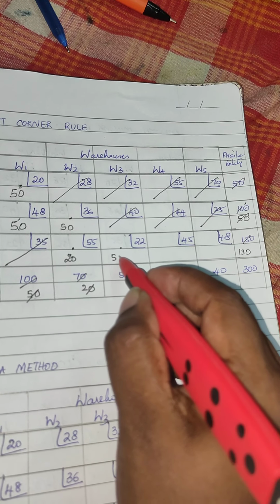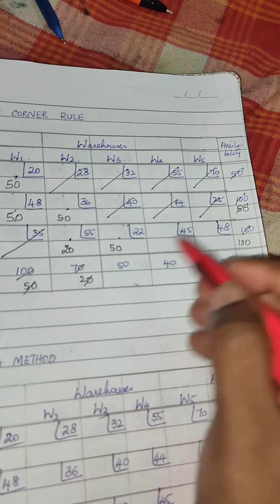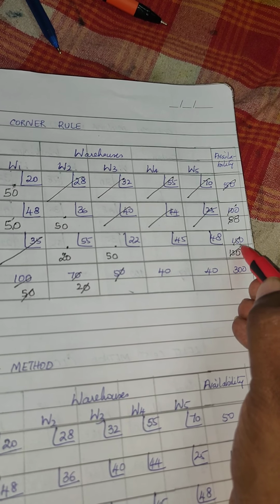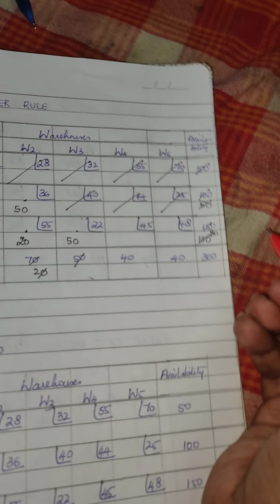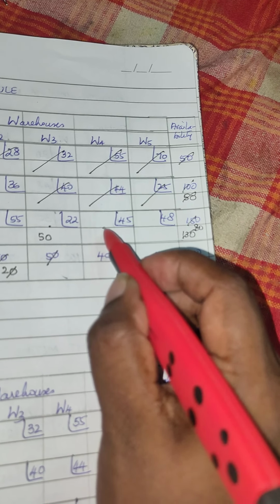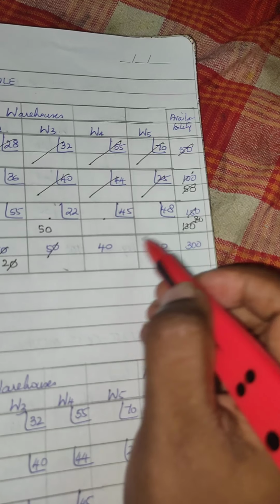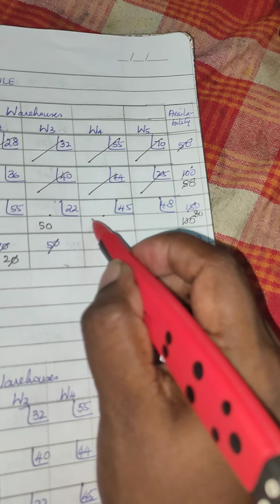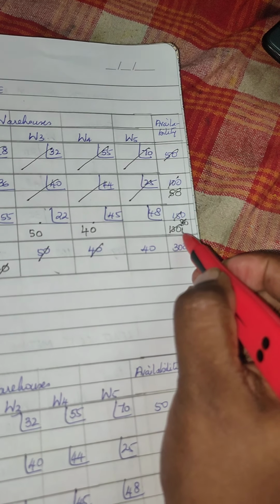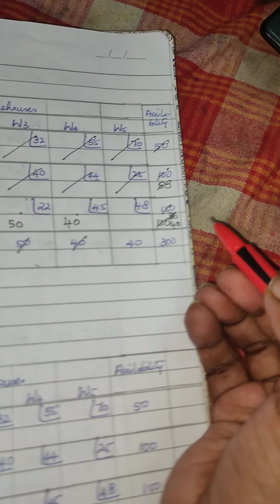I'm going to fill it with 50. Close. And here you have 80 remaining. Last two boxes. Northwest corner box is this. Availability 80, requirement 40. 40 is lower. Close. And the remaining balance here is 40.